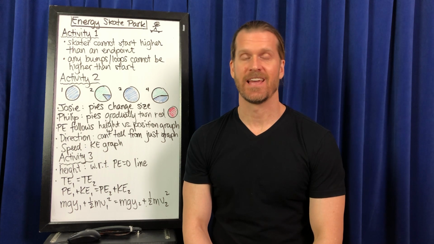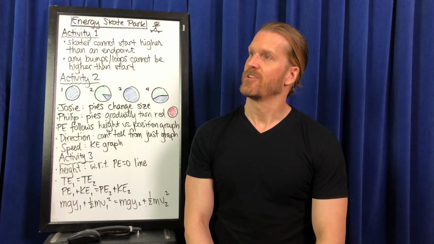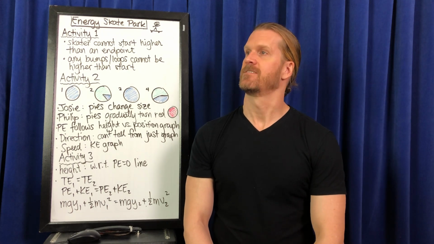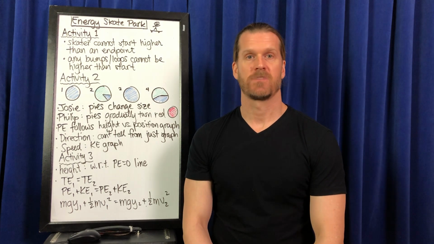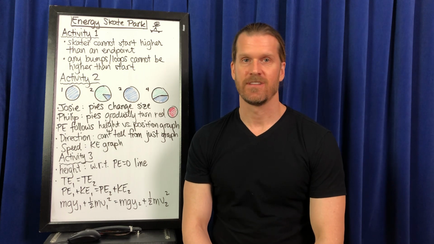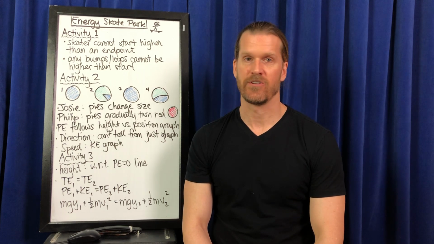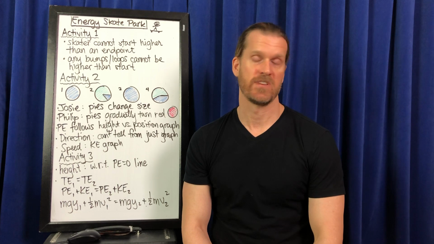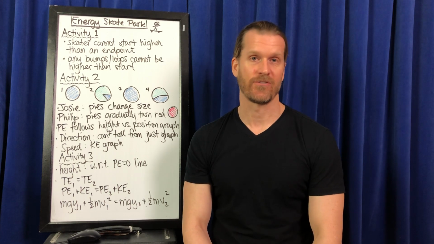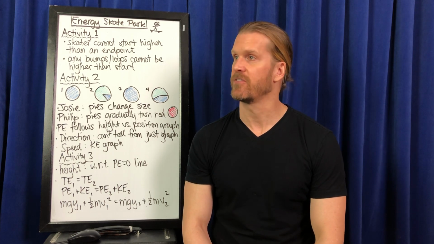Okay, let's talk about the Energy Skate Park Lab. Now in activity 1, you're just kind of exploring the simulation, and there are several questions here. Some of the questions don't even have right or wrong answers necessarily, it's just what you experienced.